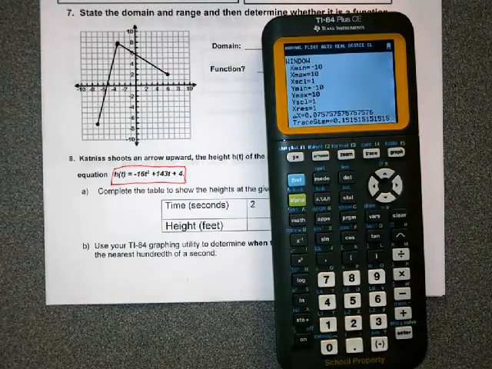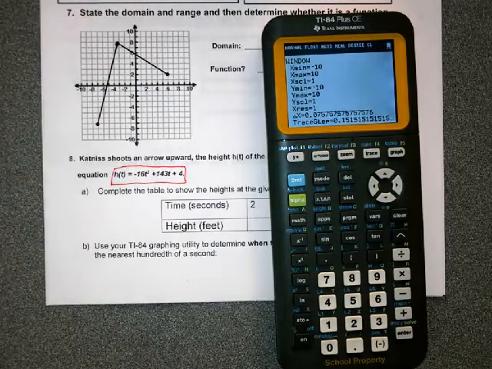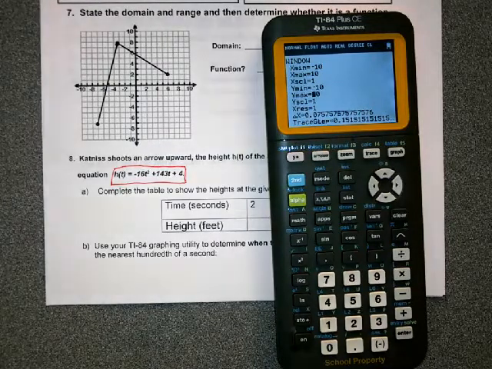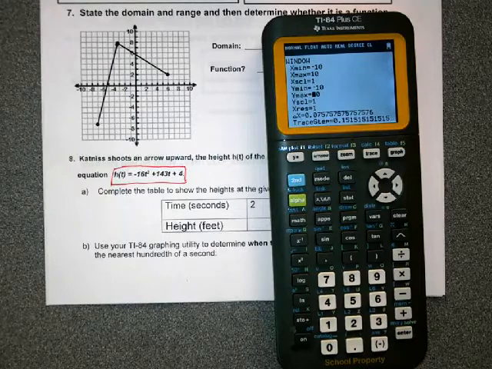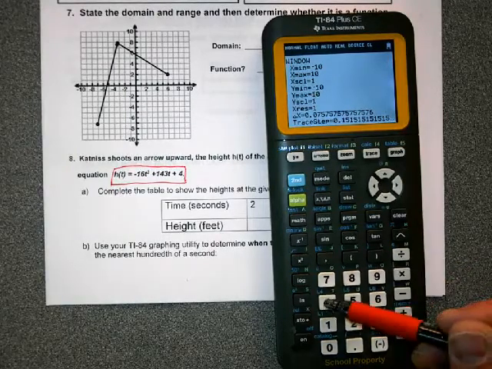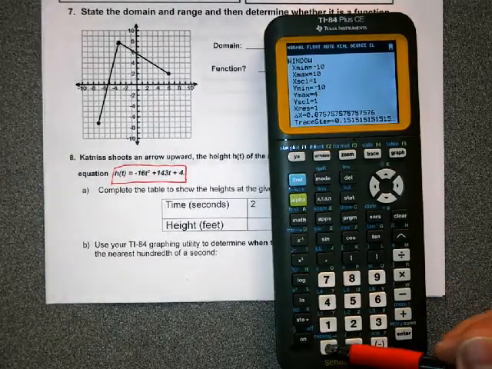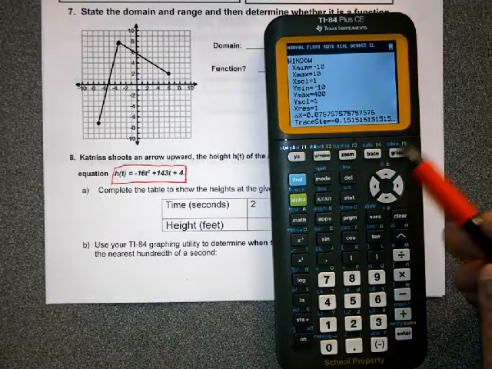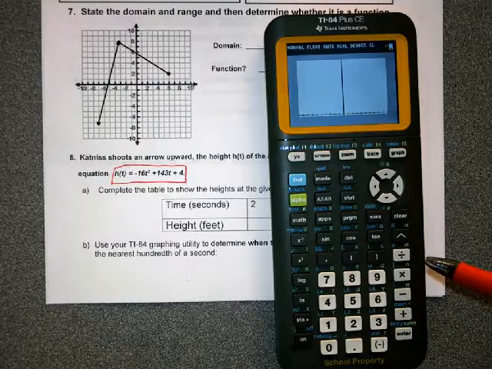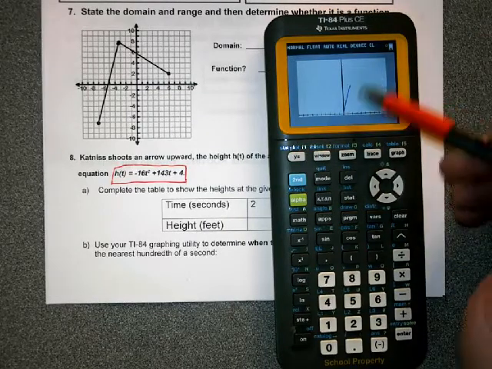Oh, yeah, that'll work. I was just going to punch in something like 400. Put something in pretty large, because if you don't see it, you could always go back and put a smaller number in, or a bigger number. Hit graph, and just make sure you can see the parabola in your window.